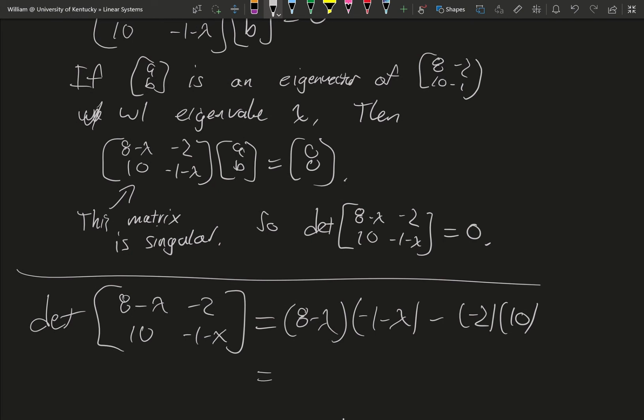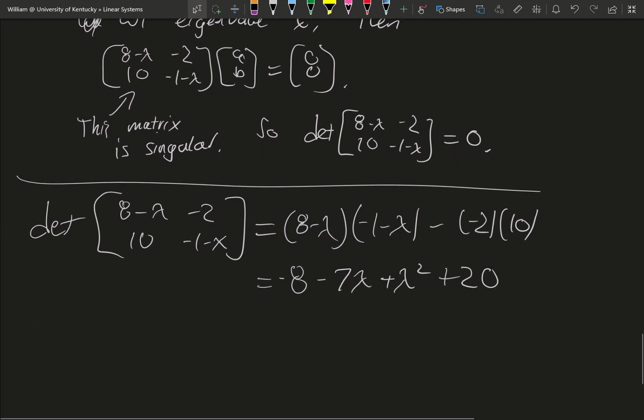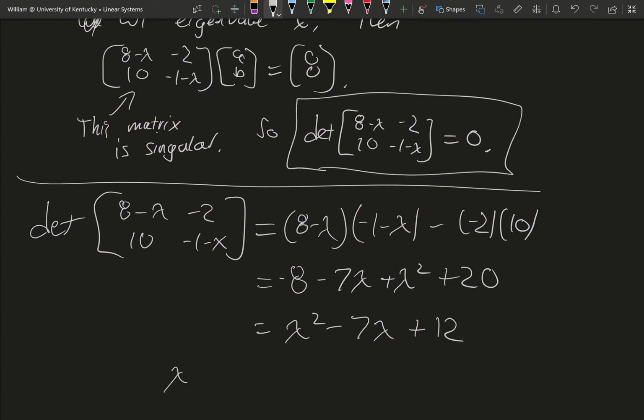Here we're going to get negative 8, and then plus 8 lambda minus lambda, so minus 7 lambda plus lambda squared, and then minus negative 20, so plus 20. Negative 8 plus 20 is 12. Okay, so we got that, and now up here we realized we want to know when this is equal to 0.